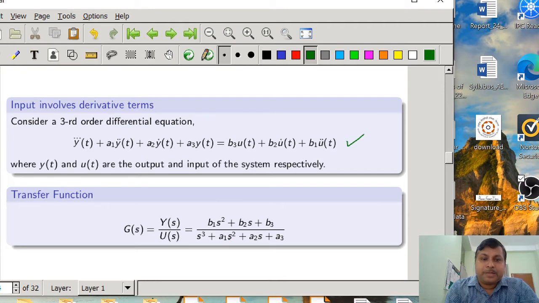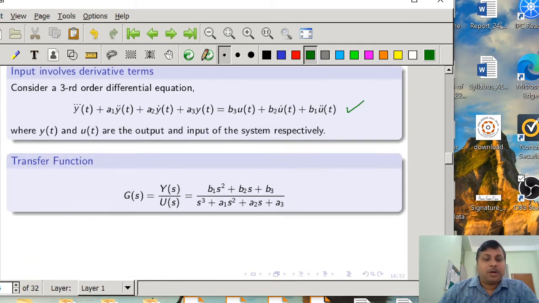The transfer function representation will be b1 s square plus b2 s plus b3 by s cube plus a1 s square plus a2 s plus a3. Here you can see that the degree of the numerator polynomial is lesser than the degree of the denominator polynomial. So in this situation, how can we find the controller canonical form?